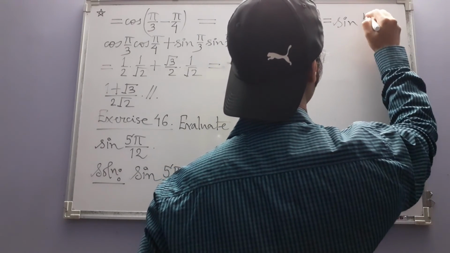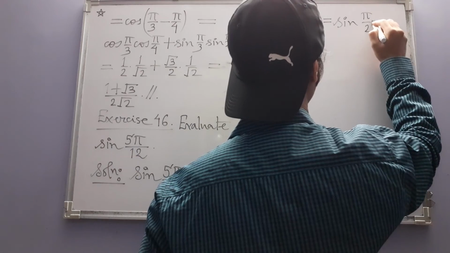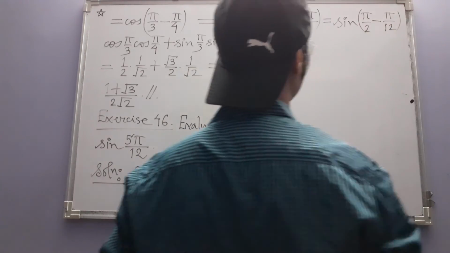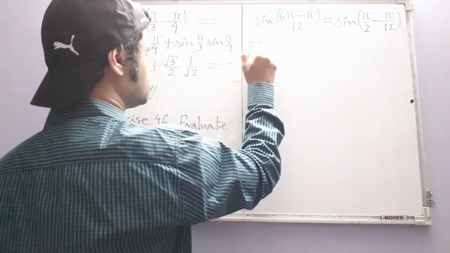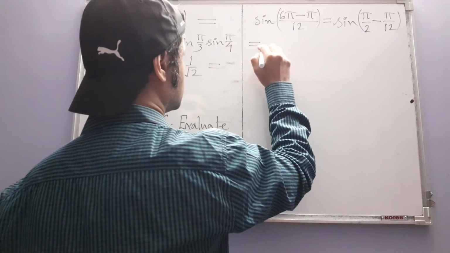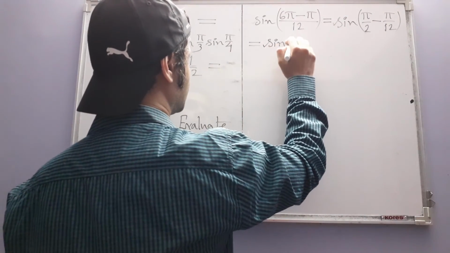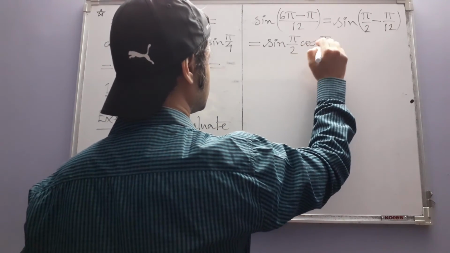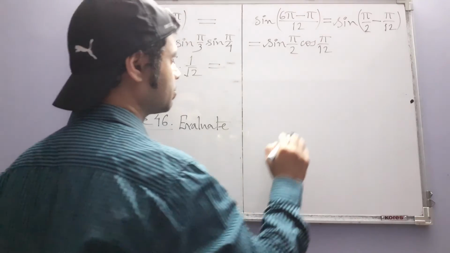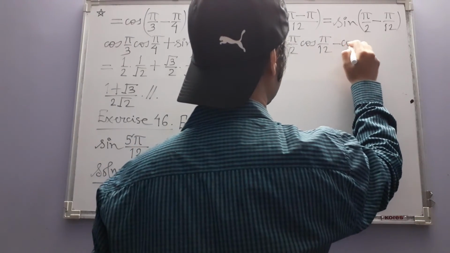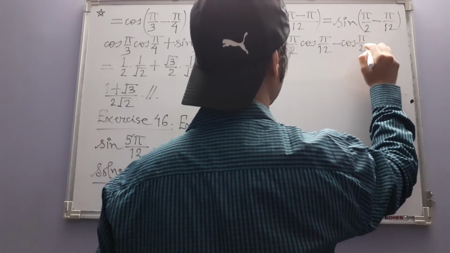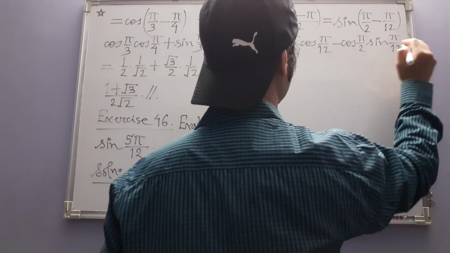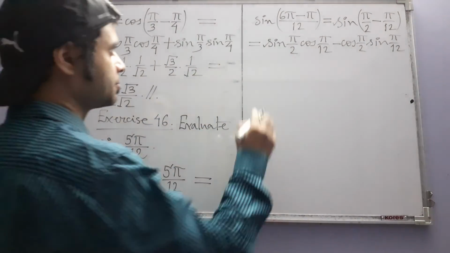This becomes pi over 2 minus pi over 12. Okay, so if you apply your formula sin a minus b, minus cos a sin b.